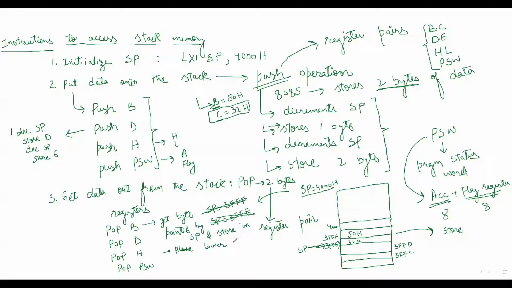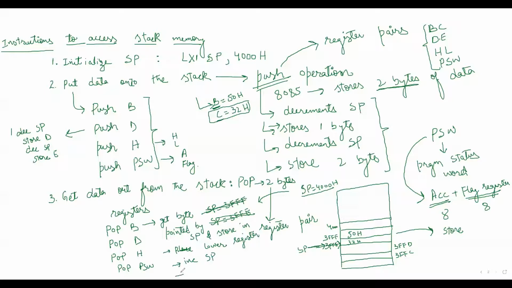lower register. In a register pair, we know that there are 2 registers. For example, B has 2 registers, B and C. So lower register will be C, higher register will be B. So it will store in lower register. Then after that, increment stack pointer.